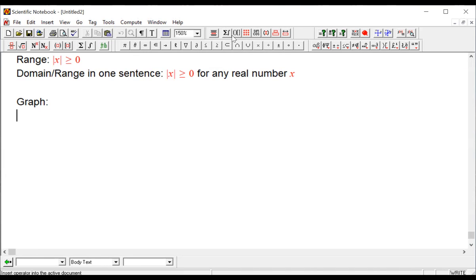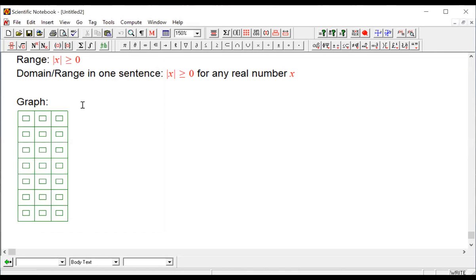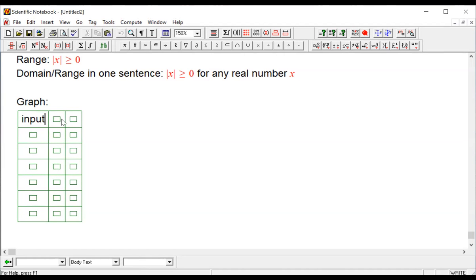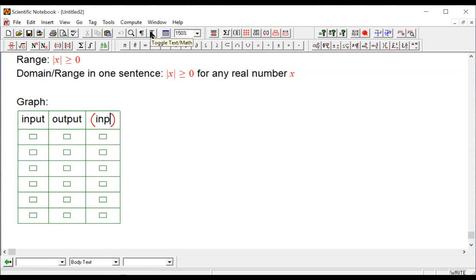So we're going to make a table. Input, output. Points made of input, output.